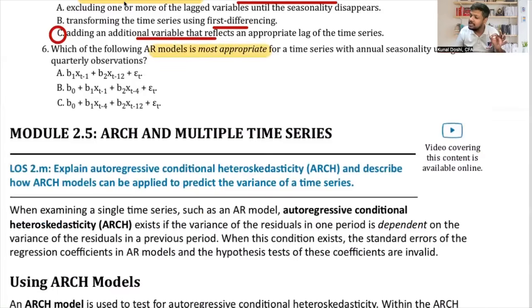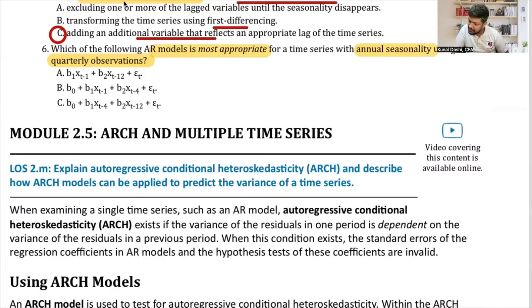And the last one, which is pretty much easier: which of the following AR models is most appropriate for a time series with annual seasonality using quarterly observation? Guys, annual seasonality. First of all, it is not A because the intercept does not exist in A. So I'll not take A because there's no B0 there.